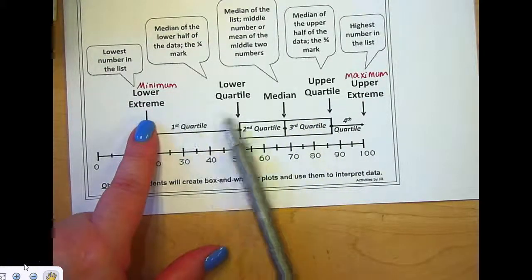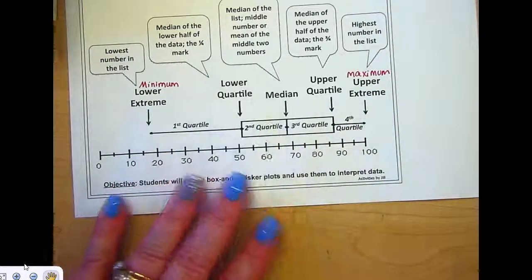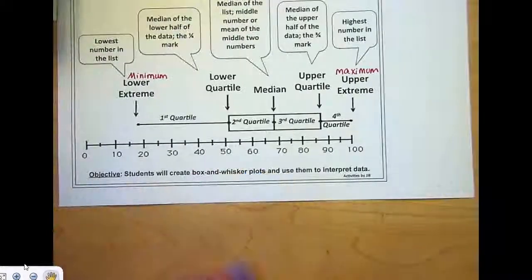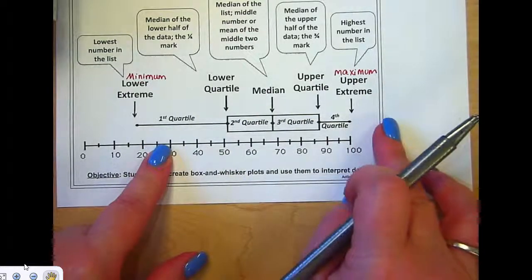So each of these quartiles is how much percent do you think, if these are called quartiles? What's the percent? Quartile sounds like what word? Quarter. And a quarter is how many percent? 25%. So each of these quartiles is 25%.